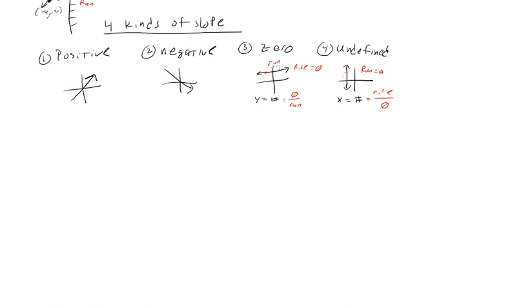So the way we use slope, of course, is with linear equations, with lines. There are 5 types of equations of a line.